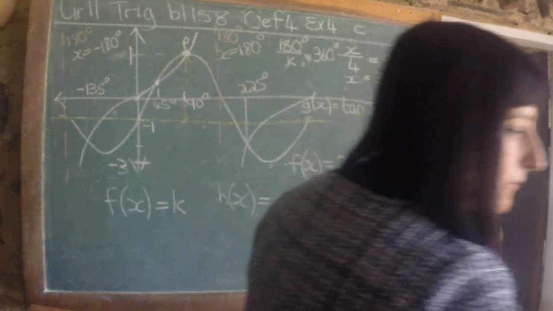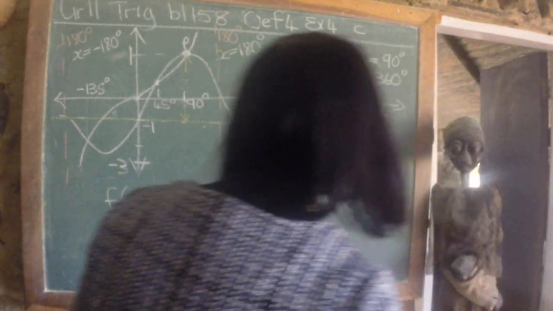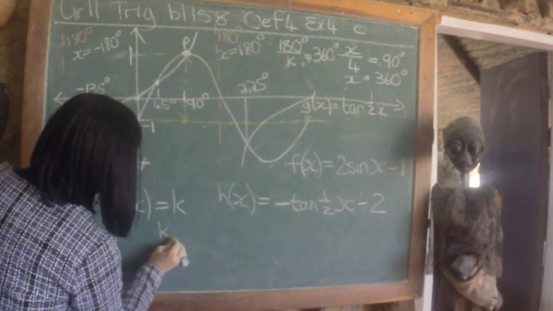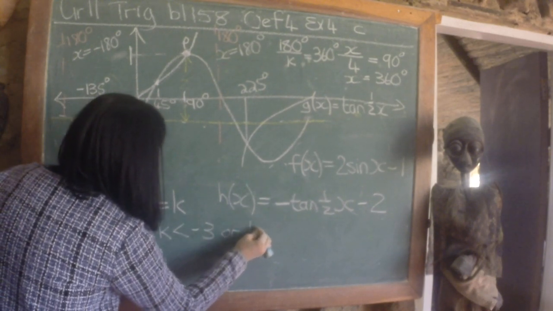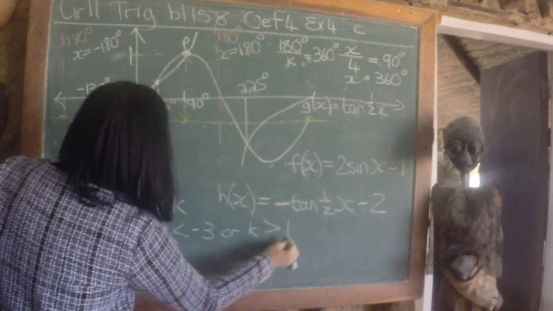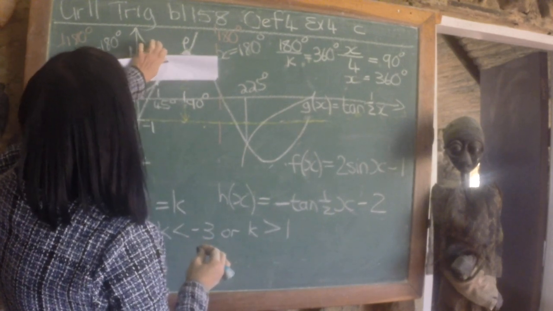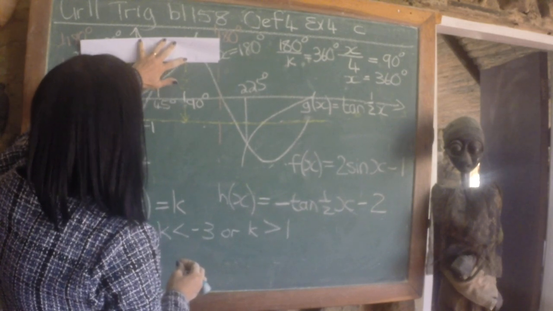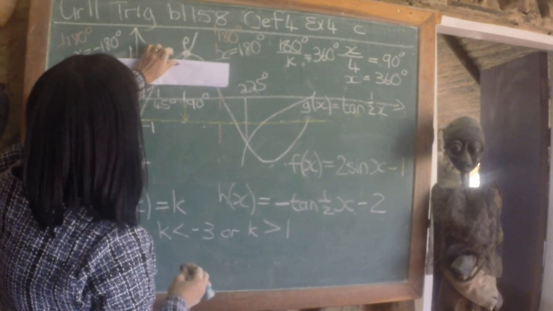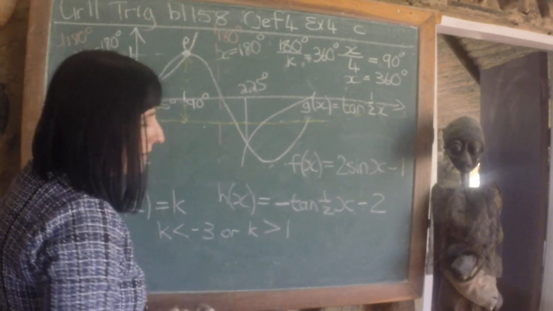Baie maklik. Waar gaan hy nie sny nie? Where K is smaller than minus 3 or where K is greater than 1. Daar raak hy nog op een plek en dan gaan hy raak hy nêrens. So dis as K groter is as 1 of kleiner is as min 3.